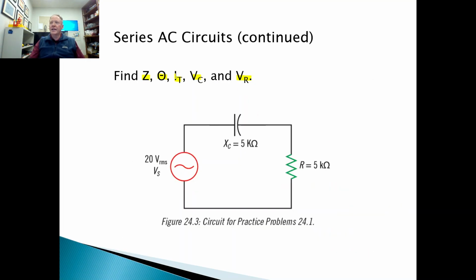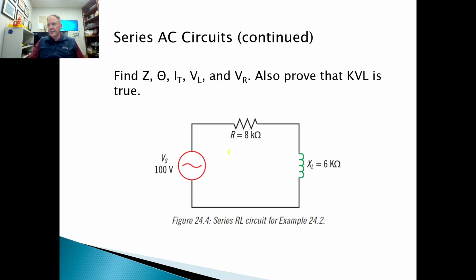Then we know IT is going to be Vs, which will be 20 volts at 0 degrees, divided by Z at whatever that angle is, and that will give us our theta for the current. Then VR is going to be R, which will be 5K at 0 degrees, times IT, and then VC will be X of C, 5K at negative 90 degrees, times IT. So that you can calculate those very simple.